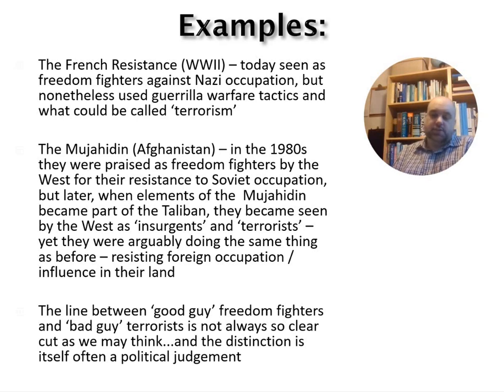The Soviet Union, of course, invaded Afghanistan in 1979, and during this period, the Mujahideen were portrayed as freedom fighters and as heroes in the West, because they were resisting the Soviets, and the West armed the Mujahideen. If we look at the propaganda films which came out at the time, things like Rambo 3 are a good example, portraying the Mujahideen as these heroic freedom fighters against Soviet oppression.